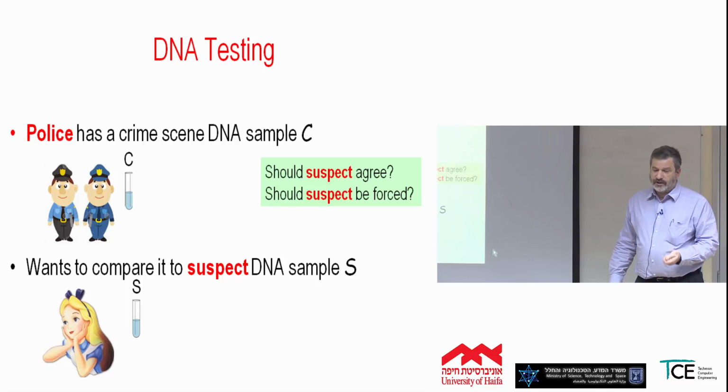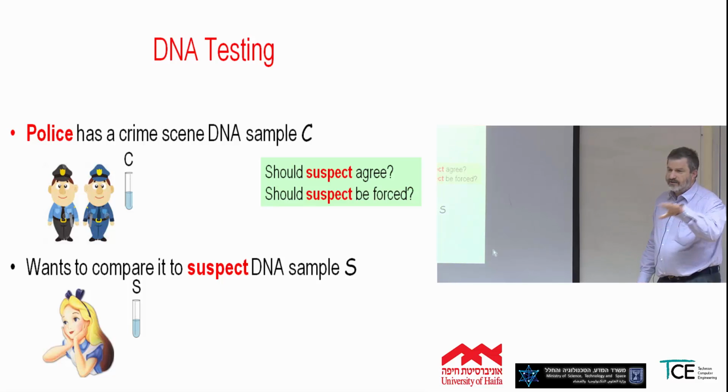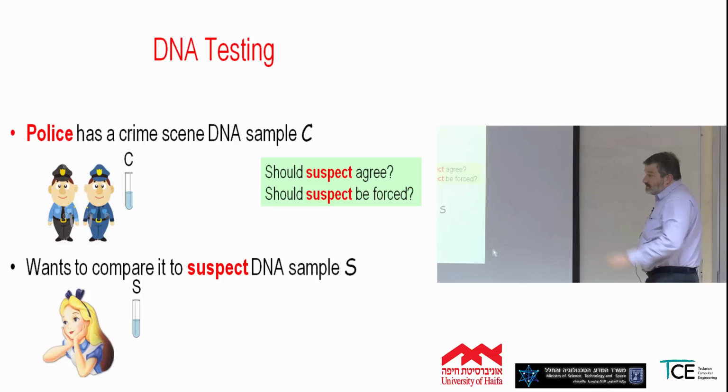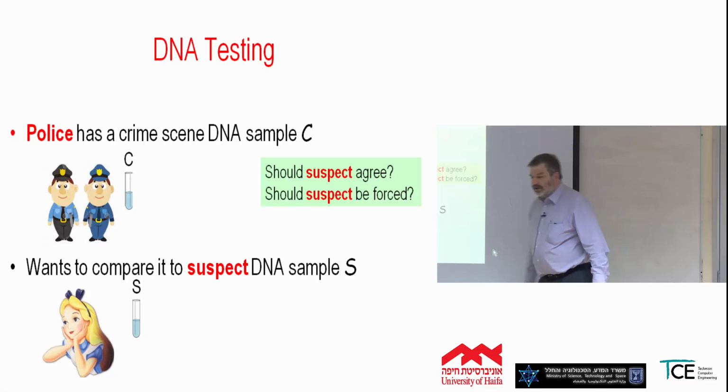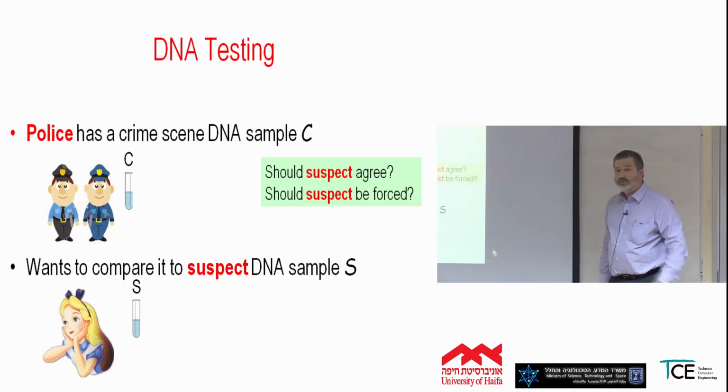And actually, the way the person was caught is because he tried to cheat and use someone else's DNA, and then it came out. So sometimes we can't force someone to give their DNA, or don't want to be in a situation where the whole village is being tested, but perhaps the whole village is willing to prove that their sample is different from the crime scene DNA without giving any more information.